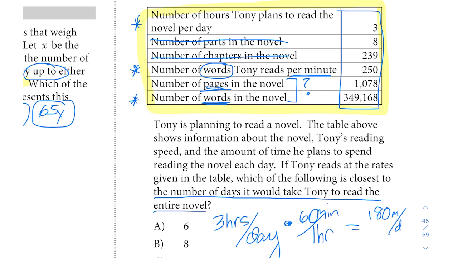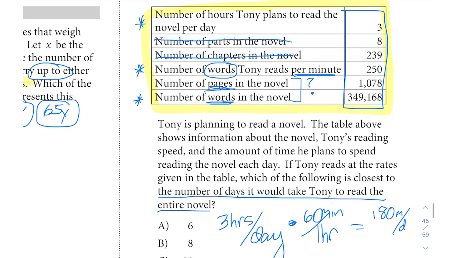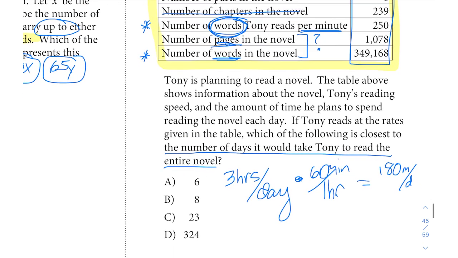So 180 minutes per day tells us how many minutes he's reading. So now let's see if we can convert that into words. Our next conversion unit here, which they say is 250 per minute.